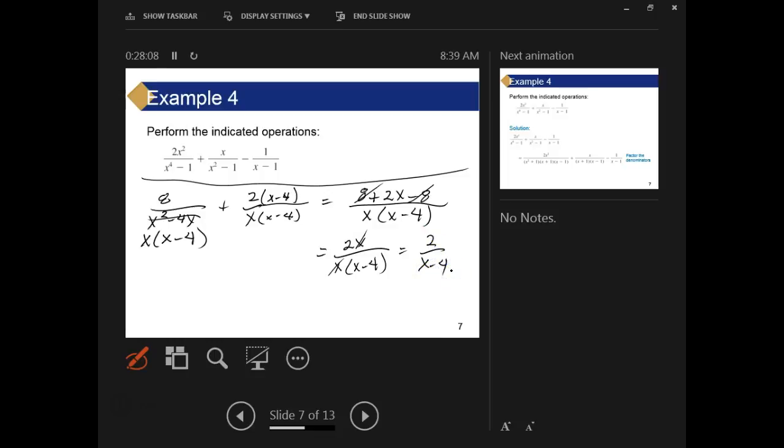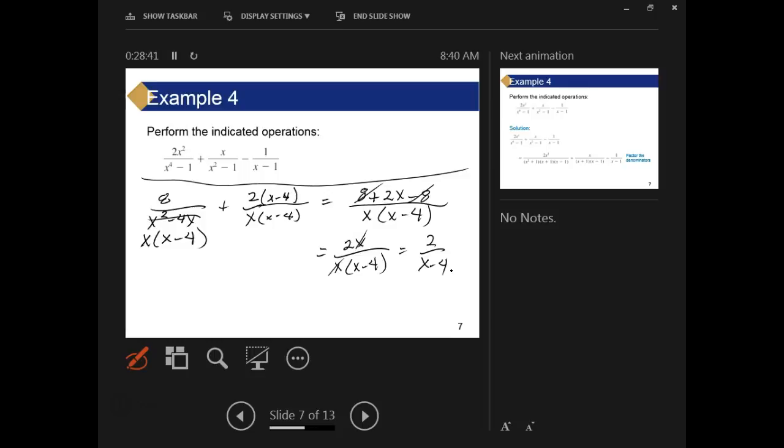Now this is one of those that we really need to stop and ponder just a little bit. The book isn't going to do this, I don't think. But we need to look, okay? Originally we knew x can't be 0 or x can't be positive 4. Exactly. Should have written that down. When we get to our answer here, it's obvious x can't be 4, but it's not obvious that x can't be 0.